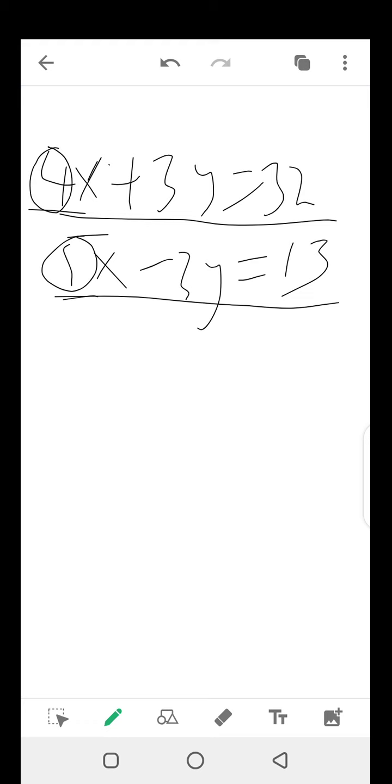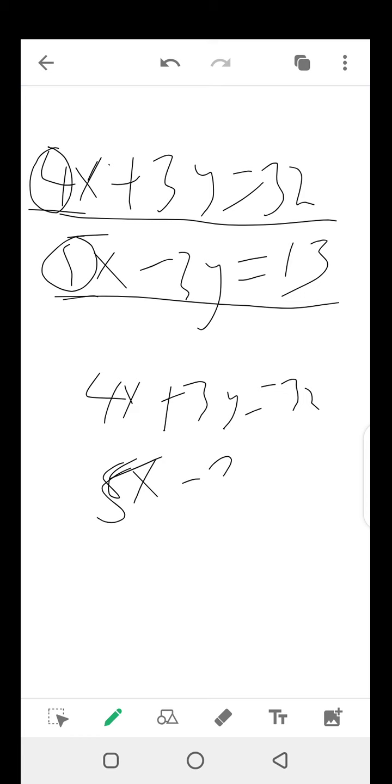So I'm going to write it here again. We have 4x plus 3y equals 32. Then we have 5x minus 3y equals 13. So how best can we eliminate x?